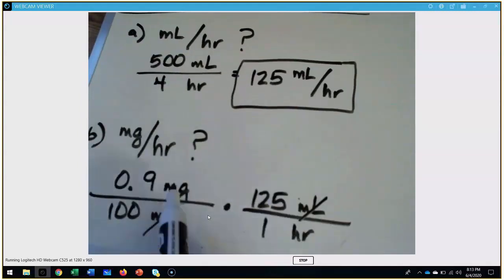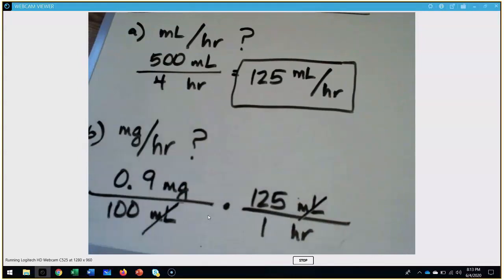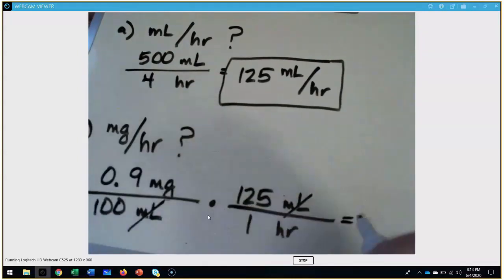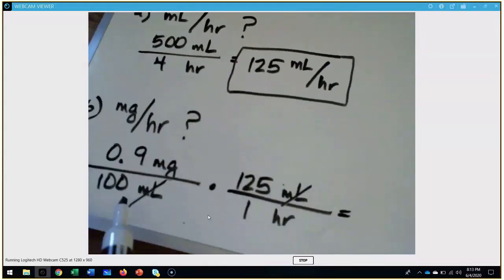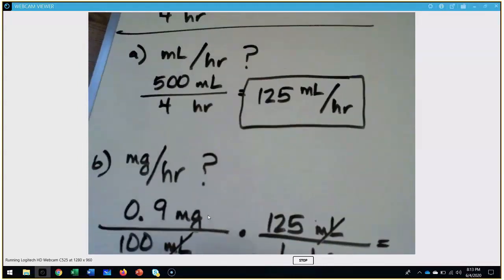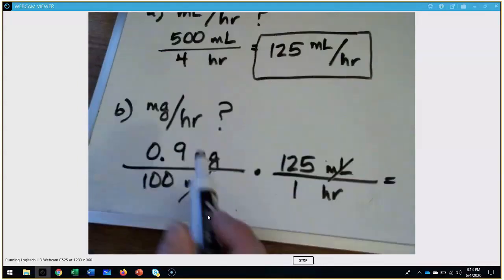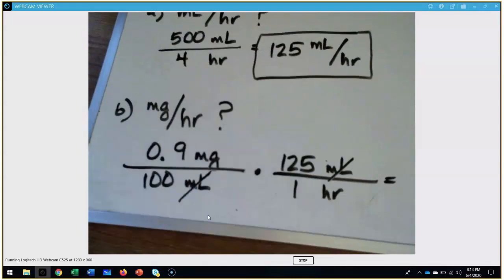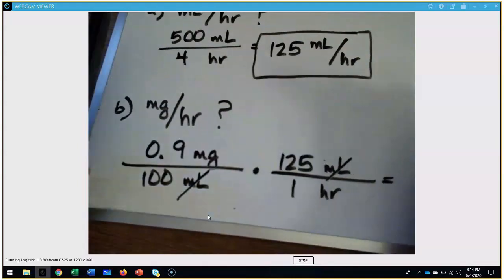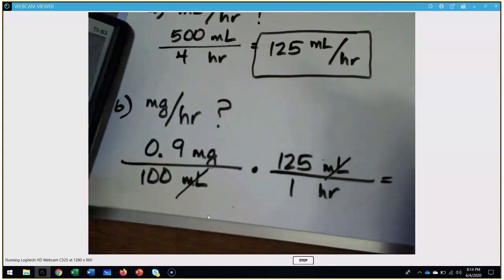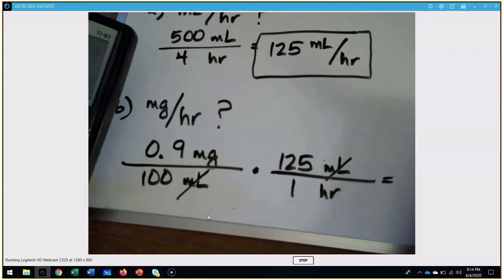That'll cancel the milliliters out, and we'll be left with milligrams per hour. So let's multiply straight across. It's going to be 0.9 times 125. That gave me 112.5.